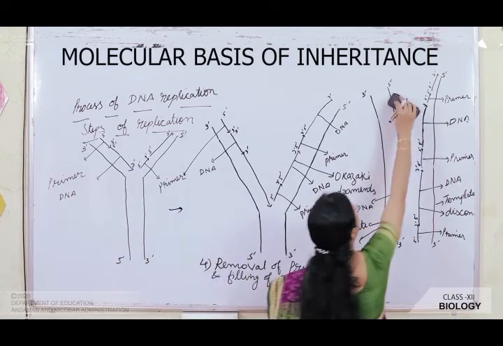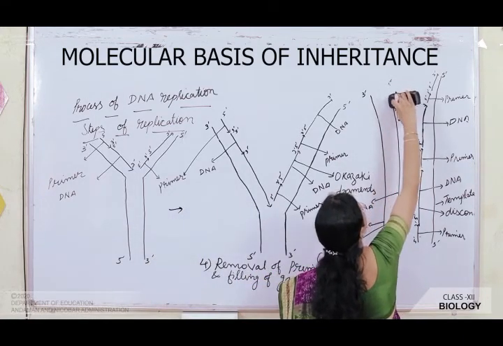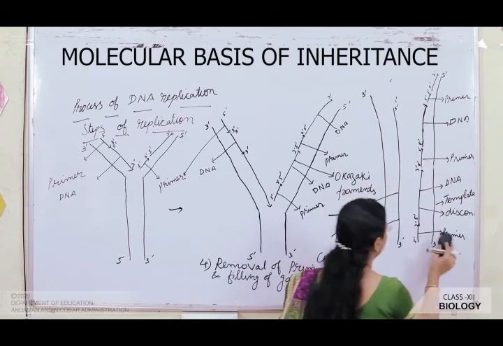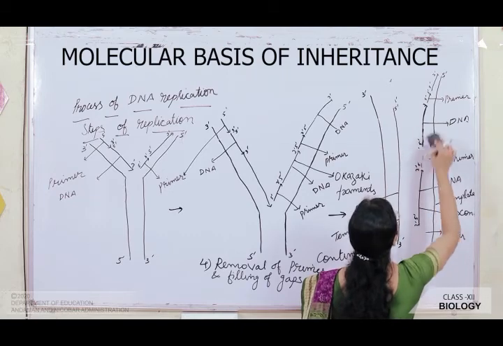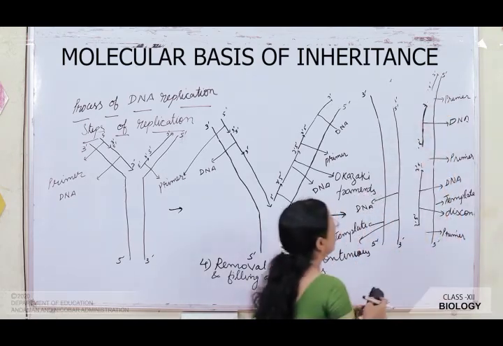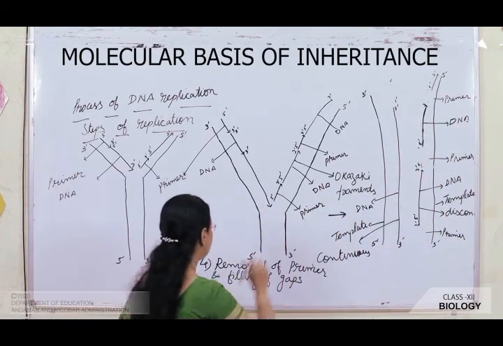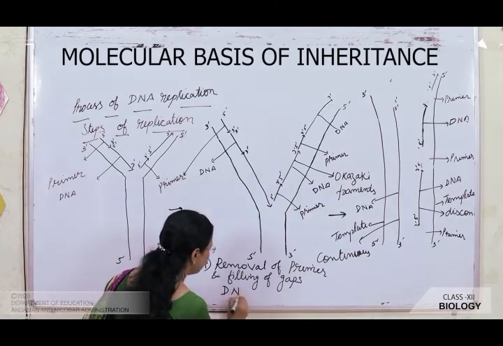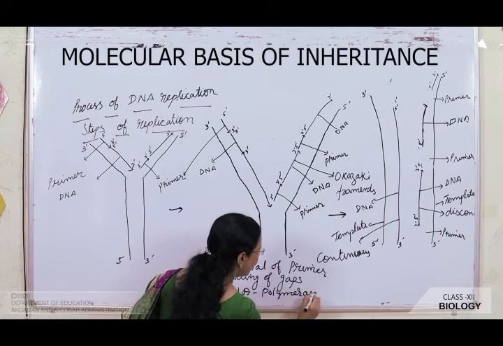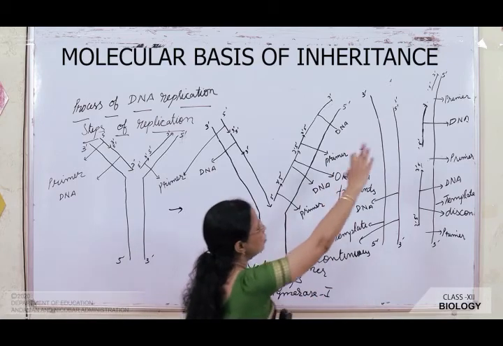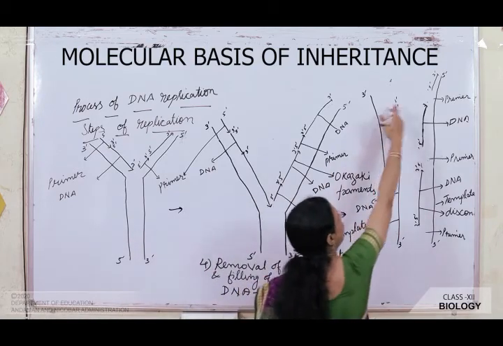This primer is removed, so a gap is formed. Here also the primer is removed. Here the primer is removed. Here the primer is removed. This is done by DNA polymerase 1, that removes the primer and a gap is formed.